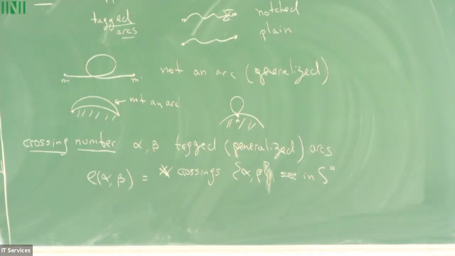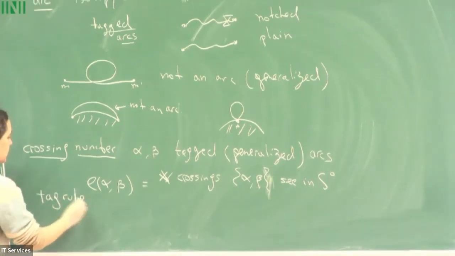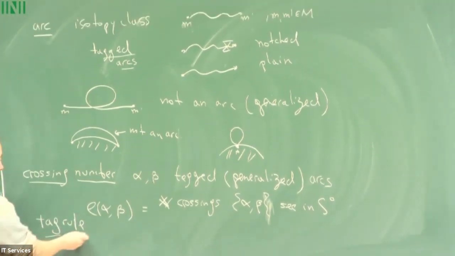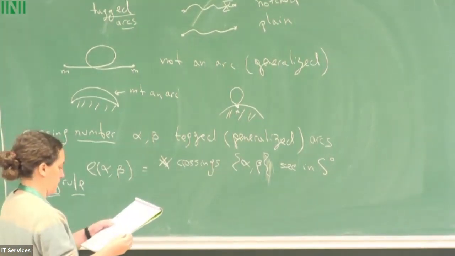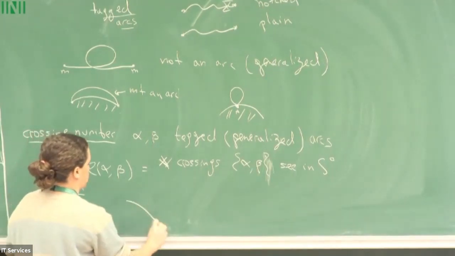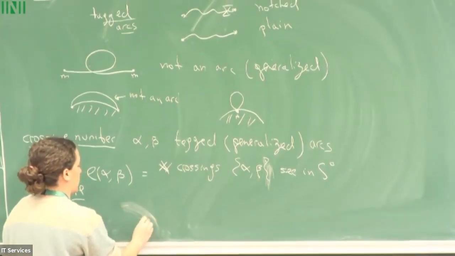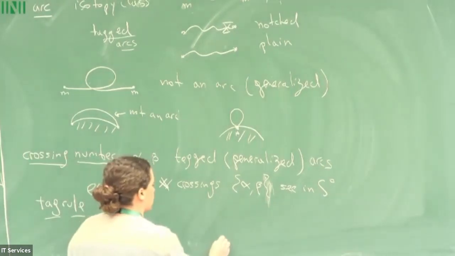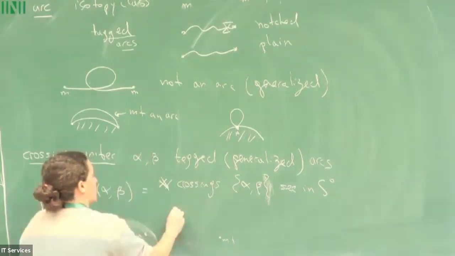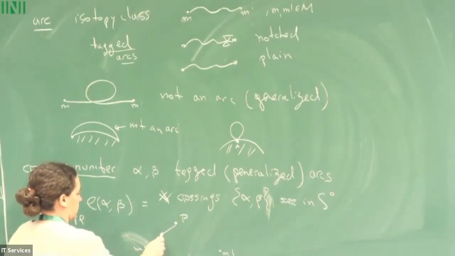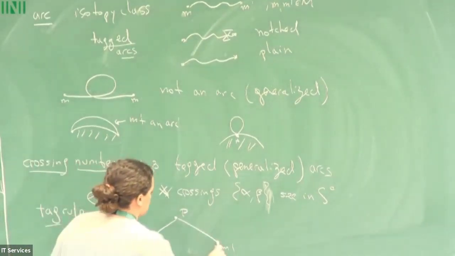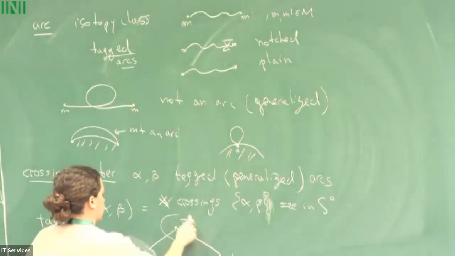But, okay, I want you also to remember the tag rule of compatibility that says, say you have some marked point here, one marked point here, and a puncture, and you have this one, and they may have a tag.